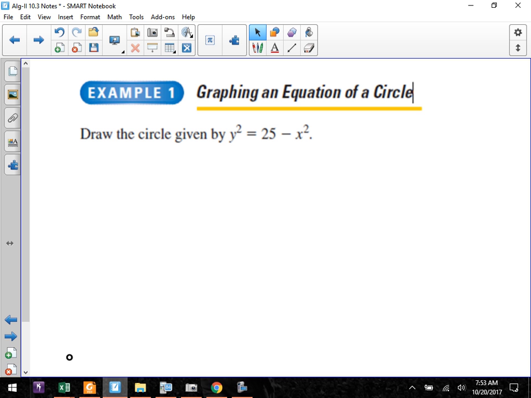So I have a circle, y squared equals 25 minus x squared, which means, in standard form of a circle, the equation would be... oh no, what's my radius?